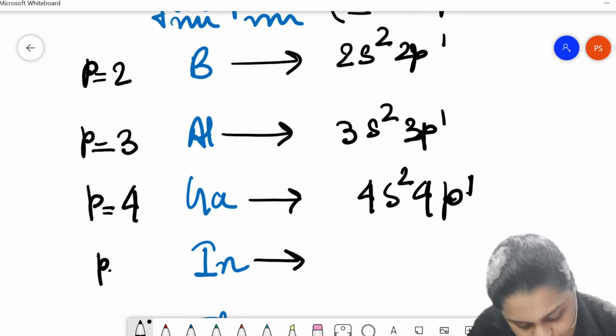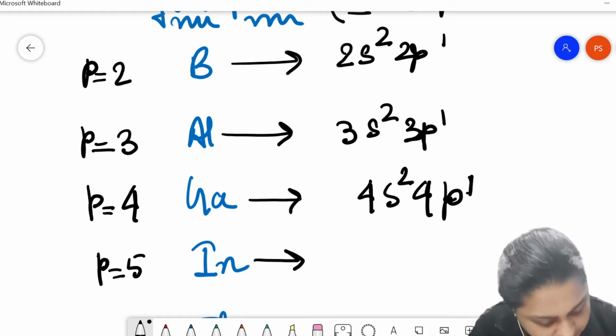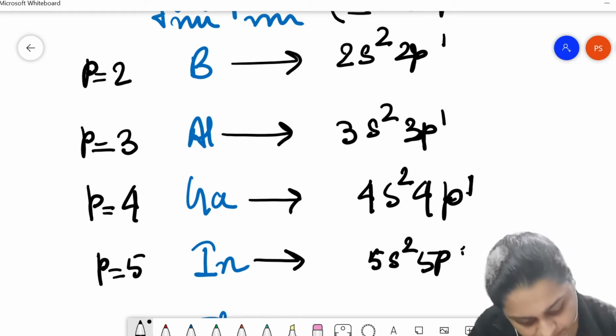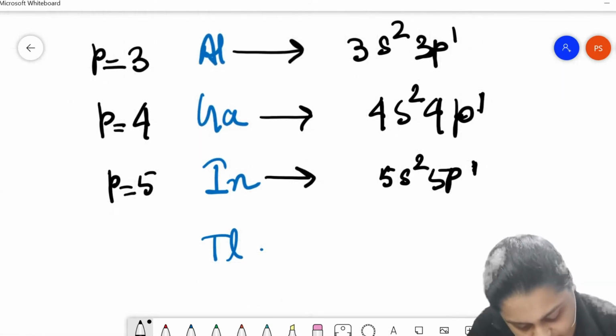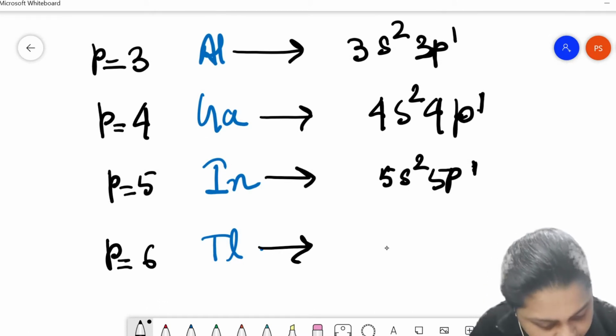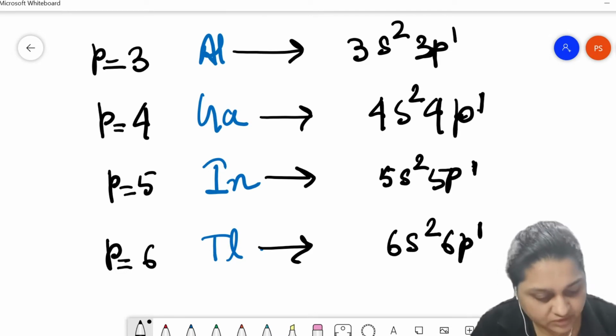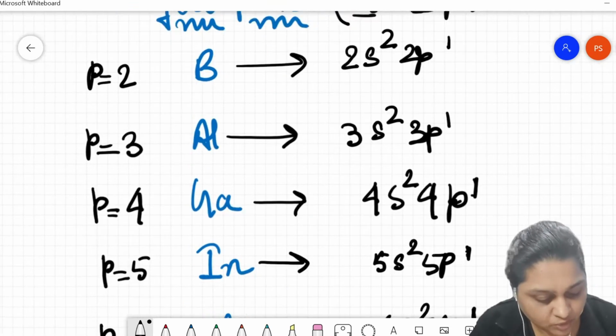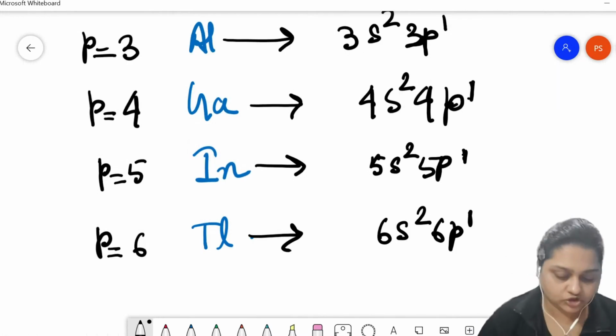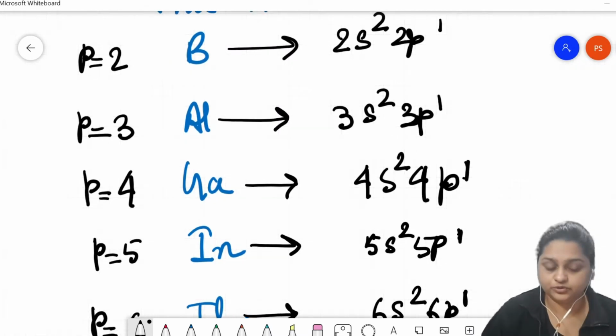Indium belongs to fifth period, the electronic configuration is 5s2 5p1. Thallium belongs to sixth period and the electronic configuration is 6s2 6p1.